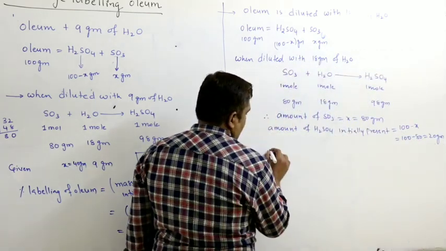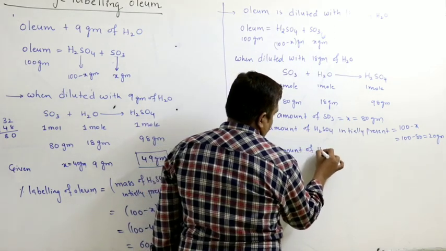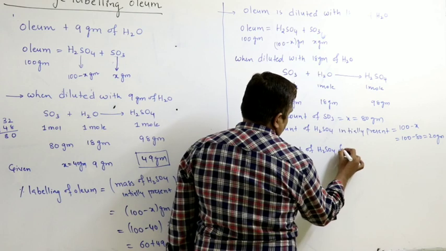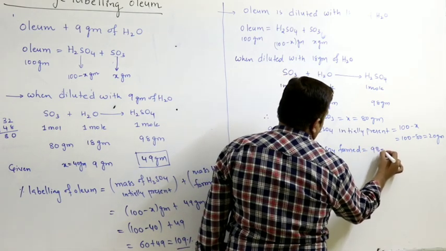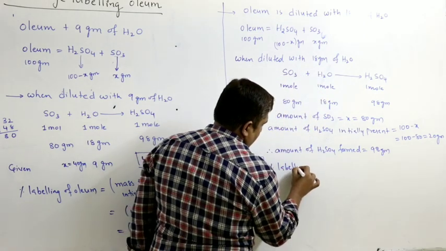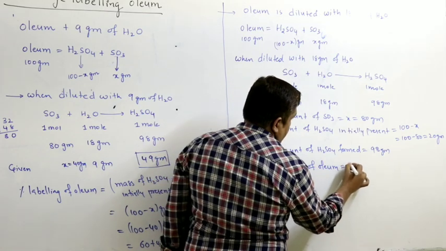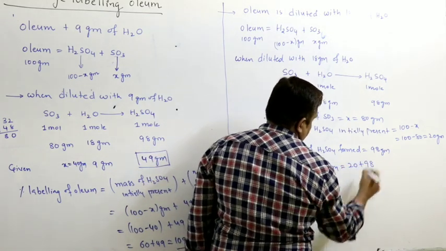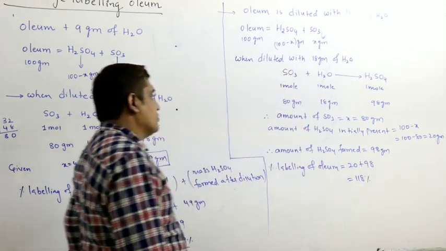So the amount of H2SO4 formed after dilution, that is understood, is equal to 98 grams. So the percentage labeling of oleum is 20 plus 98, that is equal to 118 percent.